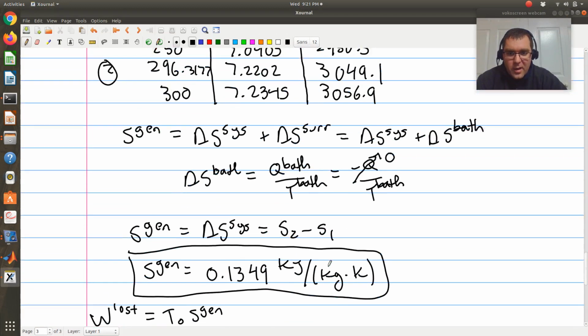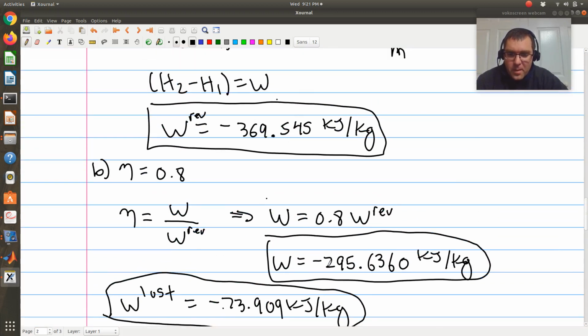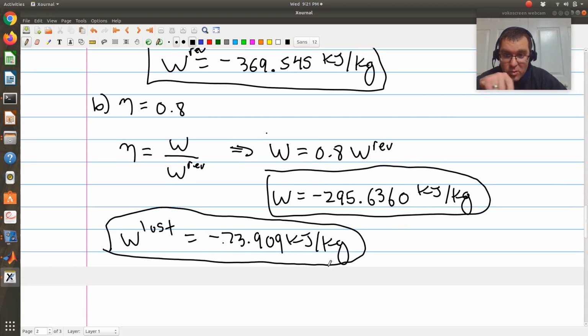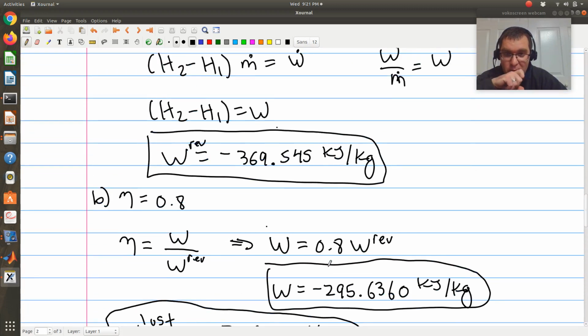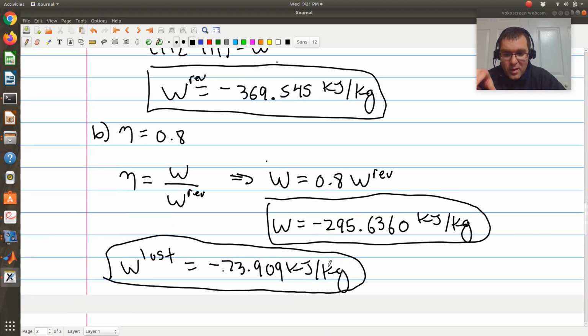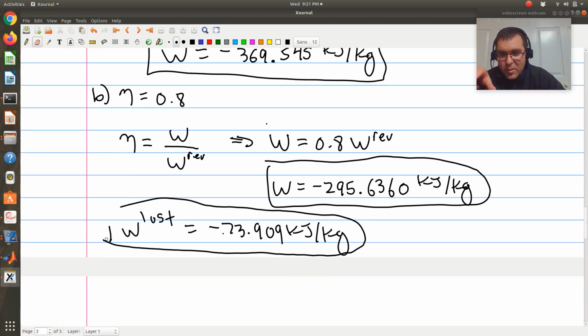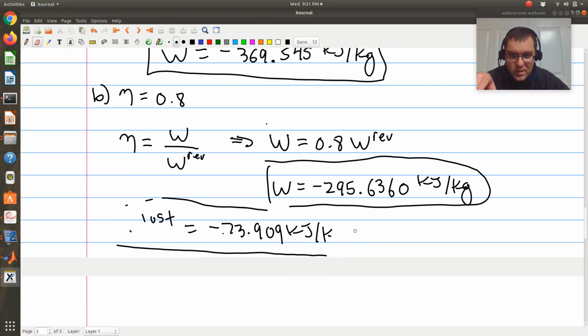Looking now at where mine was negative, it's because I had it as actual work minus my reversible work, which should be positive. So let me have my mental moment. We should get the same value, just the sign would be different.